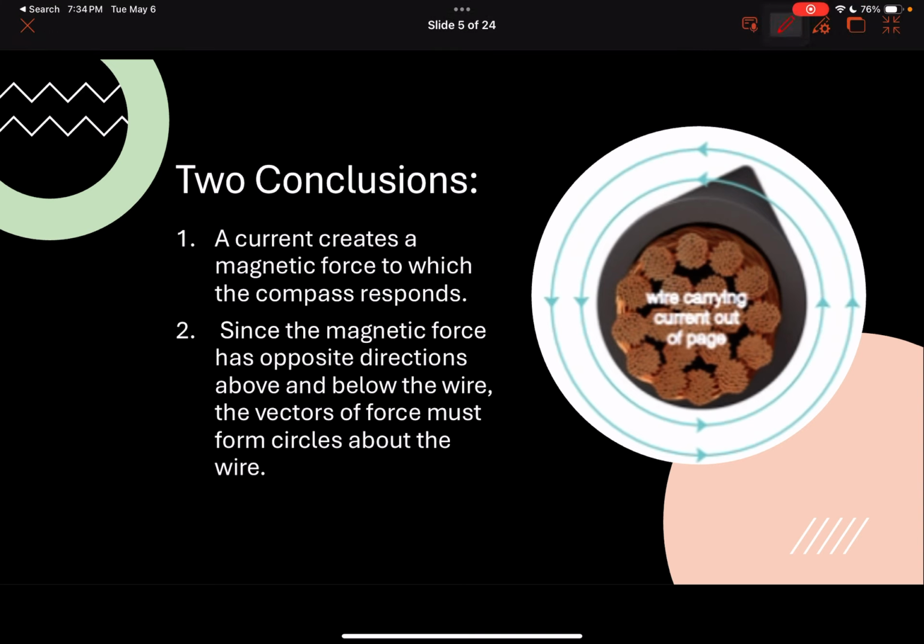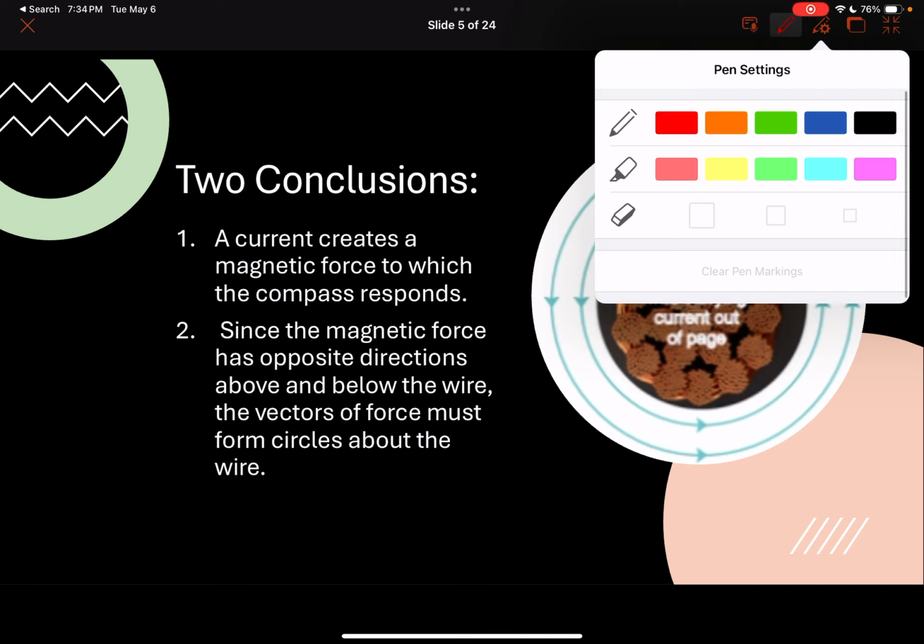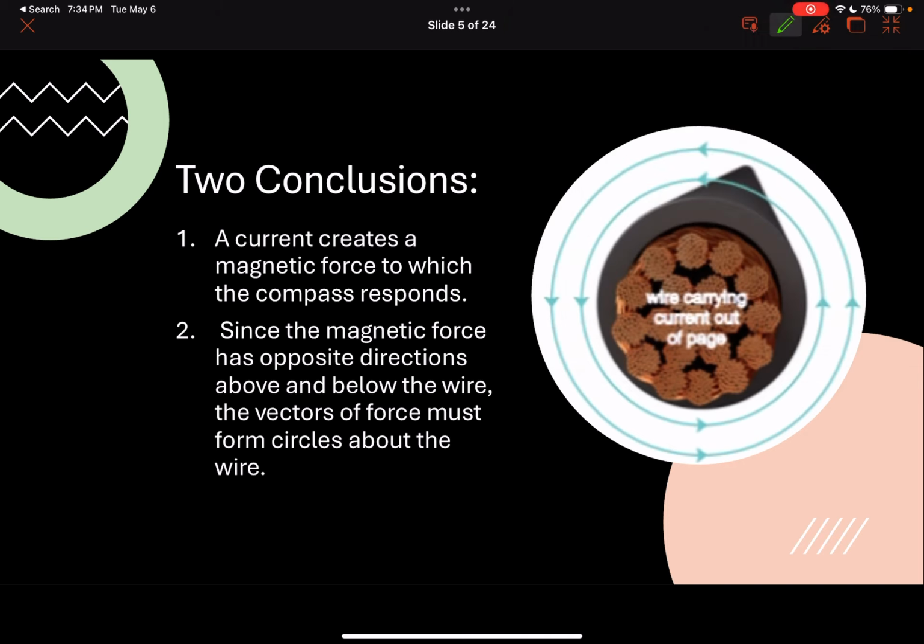Why is this interesting? Because, here, I'm going to grab a little color for us. If my compass is here, we would imagine it would orient itself in the direction of the magnetic force, right? And again, notice here on top, the arrows are pointing to the left, but here underneath, the arrows are pointing to the right.